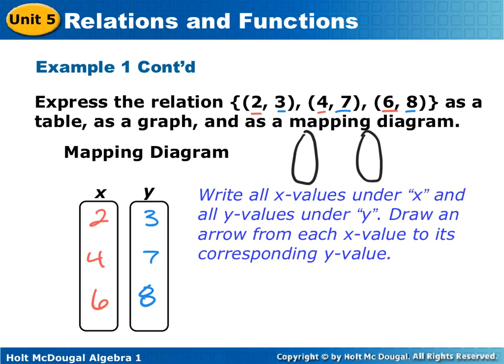You take your x's, put them in one, take your y's, put them in another, and then you draw lines to connect them. So for example, the 2 goes with which number? 3. So you would draw a line to connect 2 to 3. 4 goes with which one? 7. 6 goes with 8.